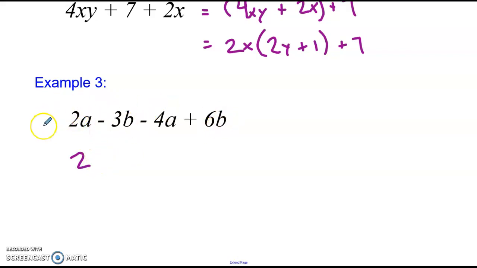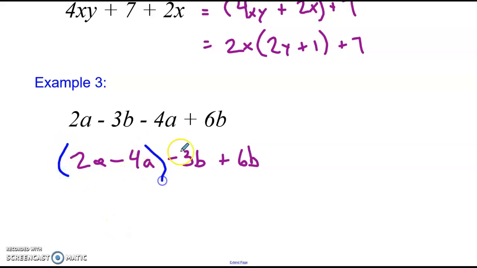Remember, you can write polynomials in any order that you want, so long as the sign in front of each term stays the same. So I'll write 2a minus 4a minus 3b plus 6b. And then I'm going to factor these into groups. I'm going to factor this group, and then I'm going to factor this group.